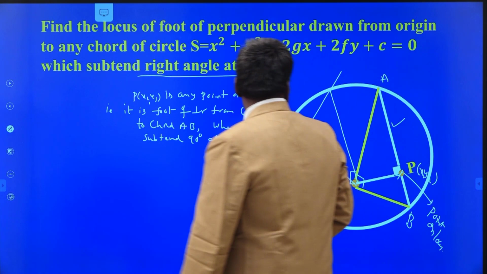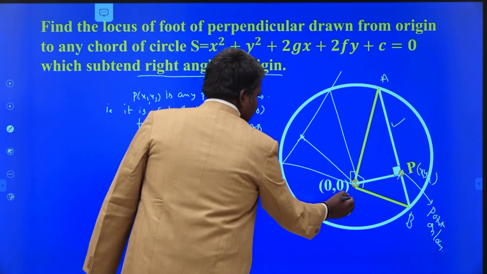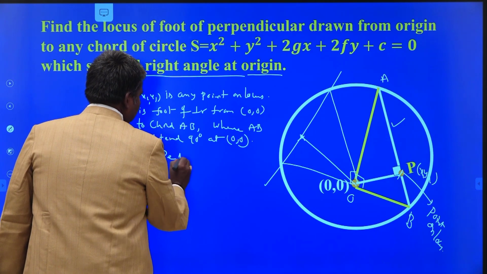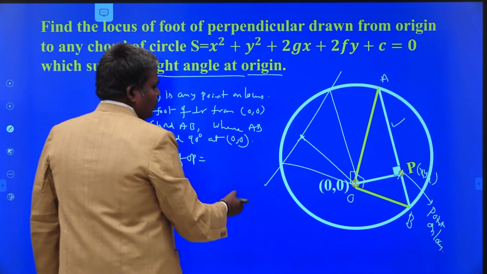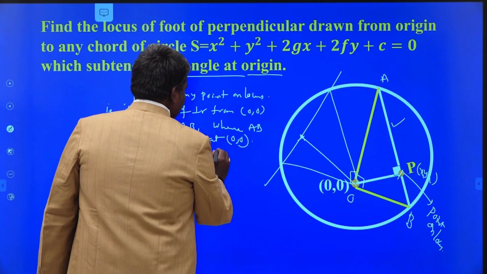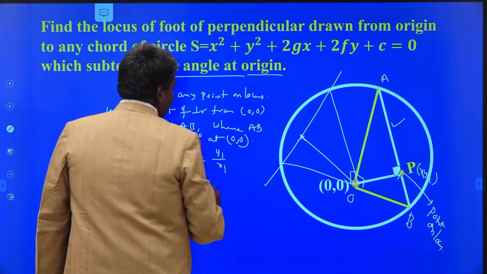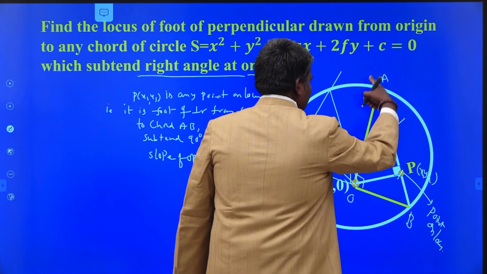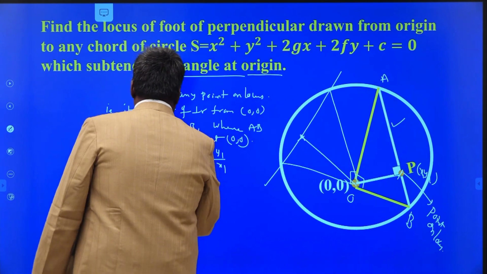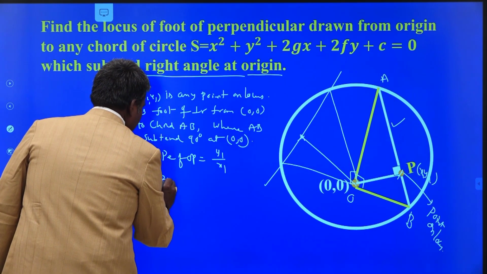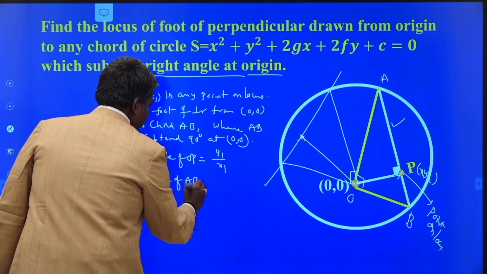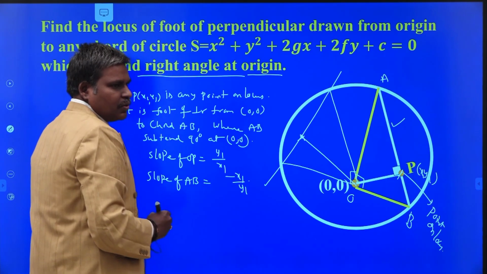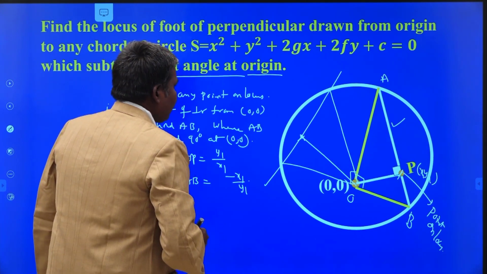Now, what is the slope of OP? O is the origin, say. The slope of OP is simple: y2 minus y1 by x2 minus x1, that is y1 minus 0 by x1 minus 0, which is y1 by x1. These two lines are perpendicular. So, what is the slope of AB now? Minus x1 by y1, because m1 m2 is equal to minus 1. What is my equation of AB?